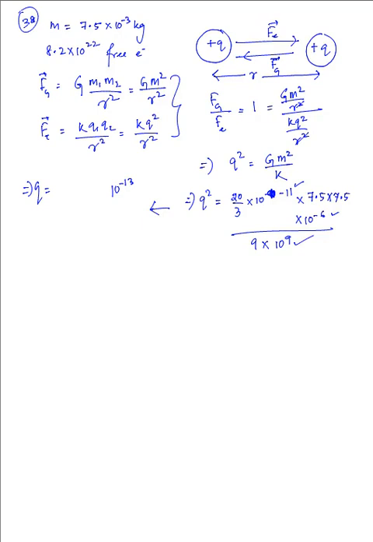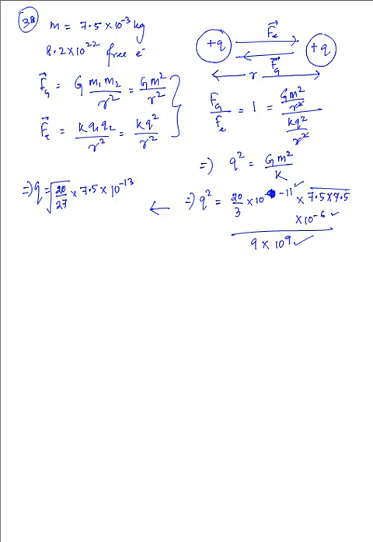With that available to us, let's see the rest of the terms. Now 7.5 appears twice, so under the root you will be left with 7.5. Then you have 20 over 3 times 9, so this is 20 over 27.